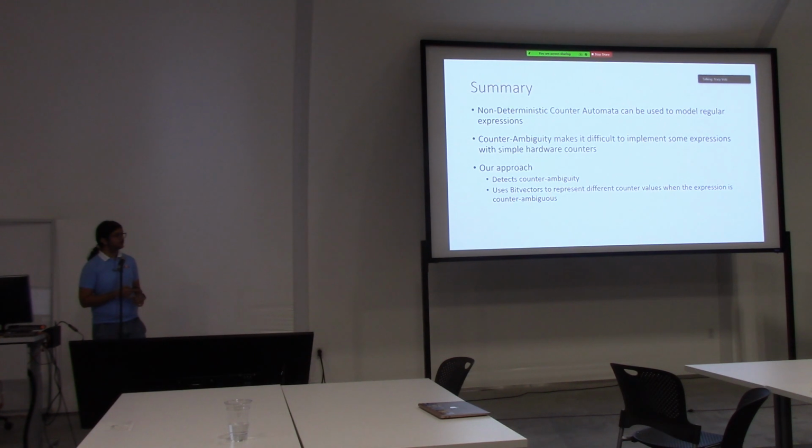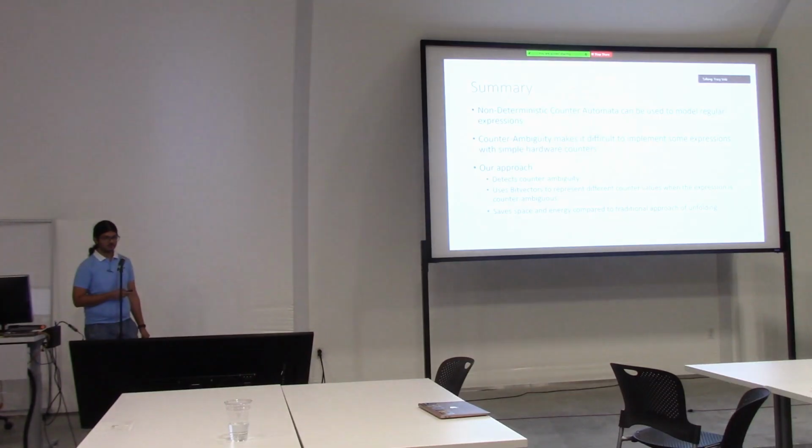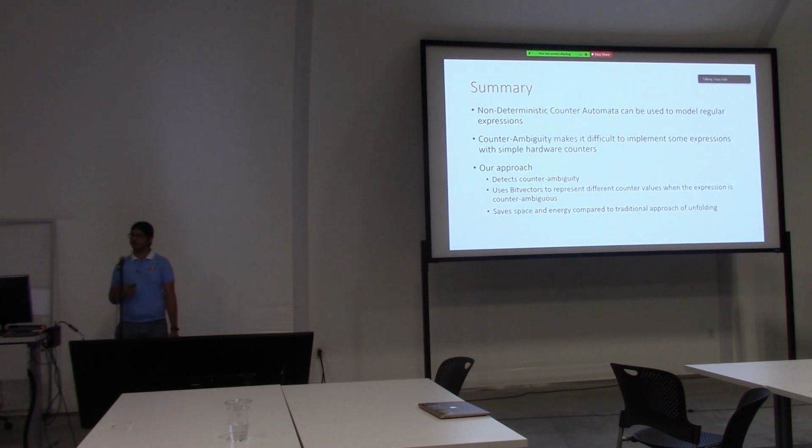When regular expressions are indeed counter ambiguous, we use bit vectors to represent counter values. And finally, we have shown empirically that this approach does indeed help save space and energy. Thank you for listening. I am happy to take questions.